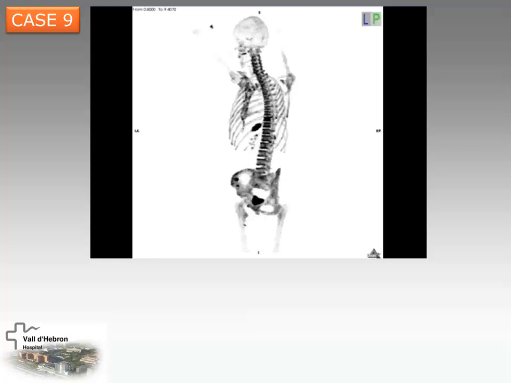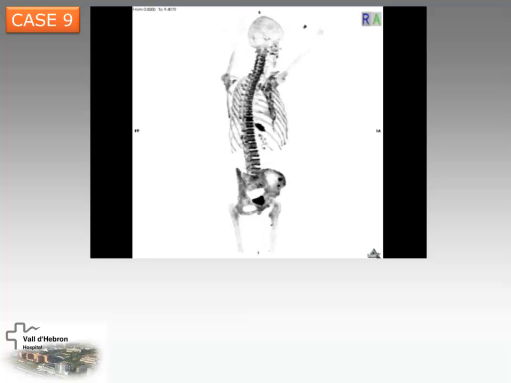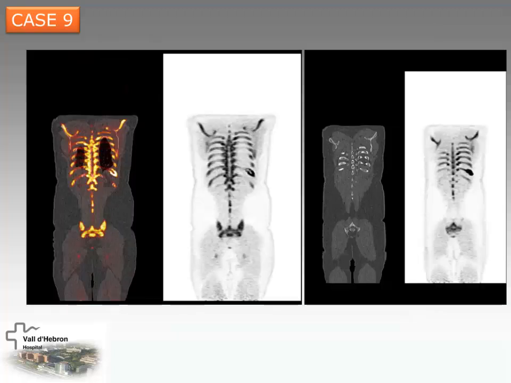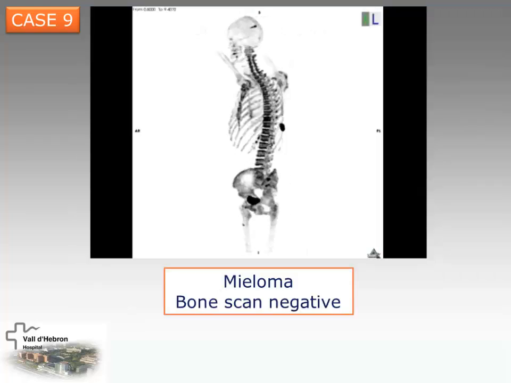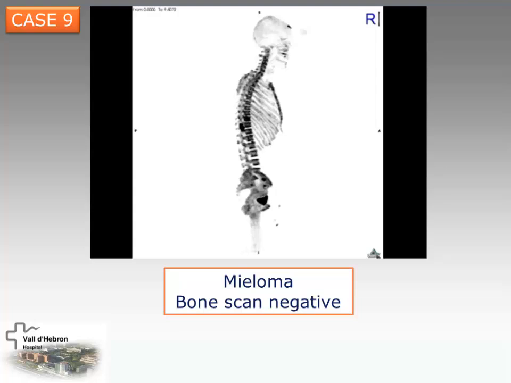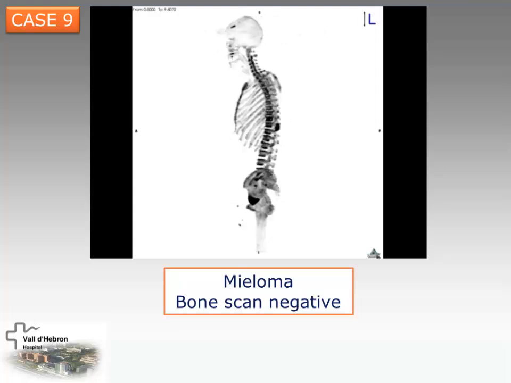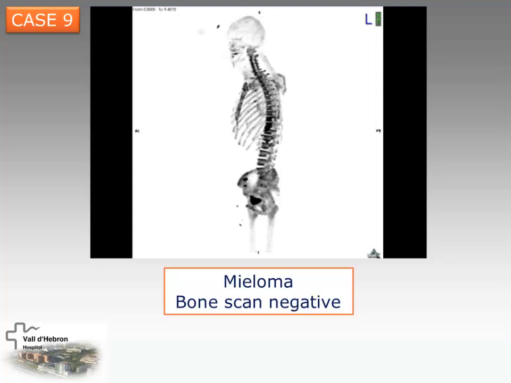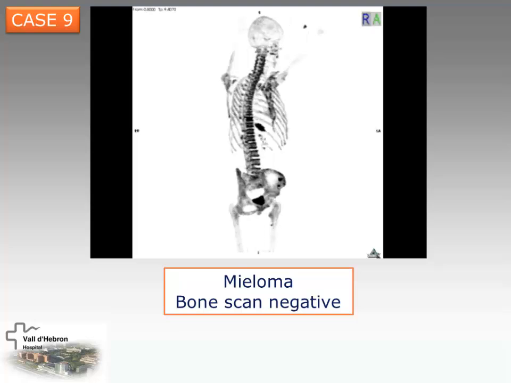Yes, that means several bone involvement, metastasis, and the sternum also, and cold lesions on the bones. What do you suggest as a diagnosis? Myeloma, again. Okay. If we have problems with the myeloma with the bone scan, then it is recommended to perform a fluorine PET. And the last case.